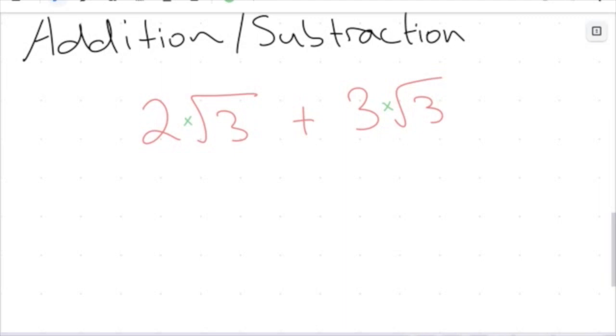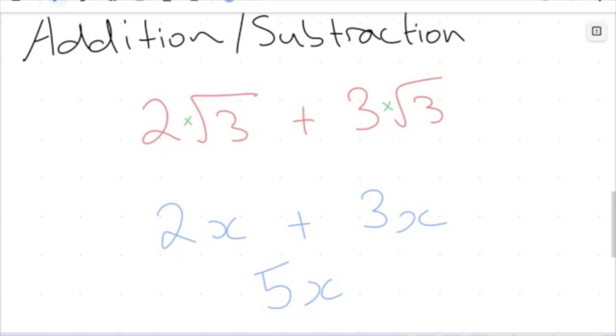This looks kind of scary, but believe it or not, you have seen this before. What would we do, for example, if instead of this being 2 root 3, I wrote 2x plus 3x. Well, you would tell me, oh, I know this from algebra, so I know that I can just add these numbers together to give me 5x.